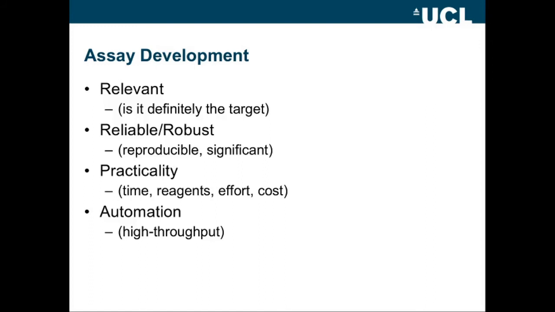And are the changes that we're measuring significant? Thirdly, practicality. This takes into account things like the time taken to do the assay, the availability of the reagents that are needed, how much effort it takes, and how much it costs to do. And fourthly, if possible, can we automate it for high throughput?